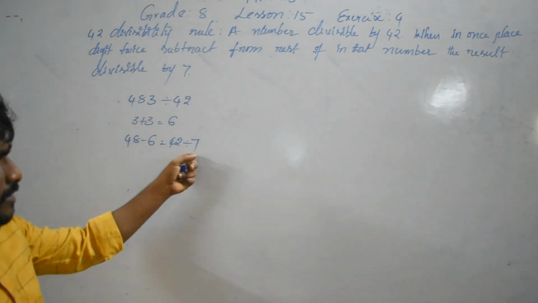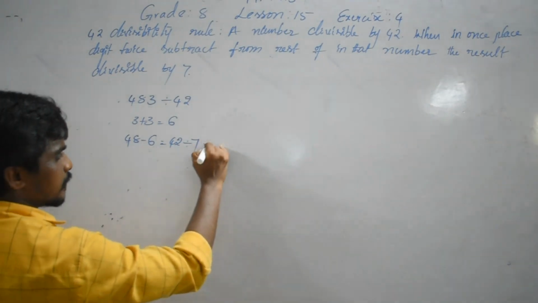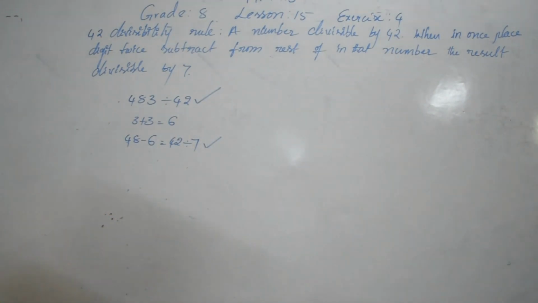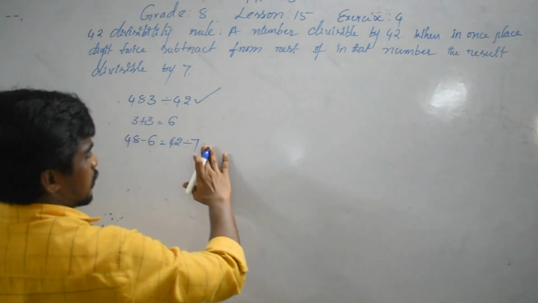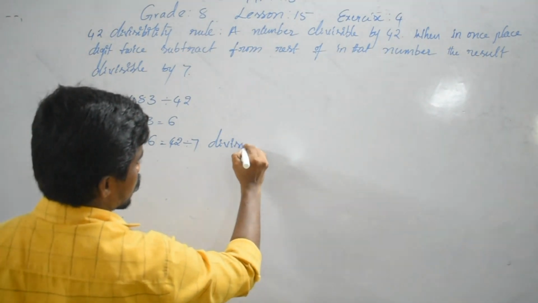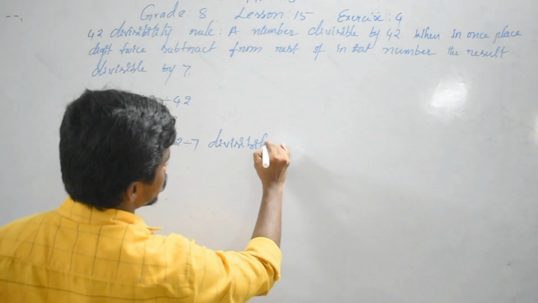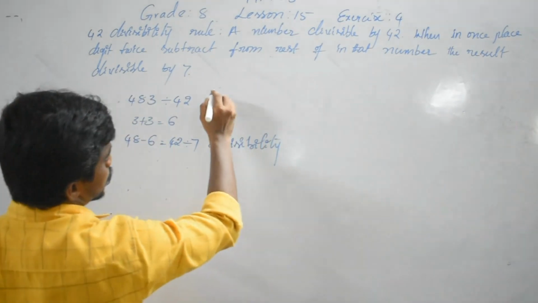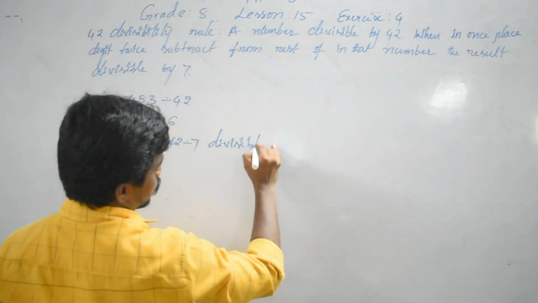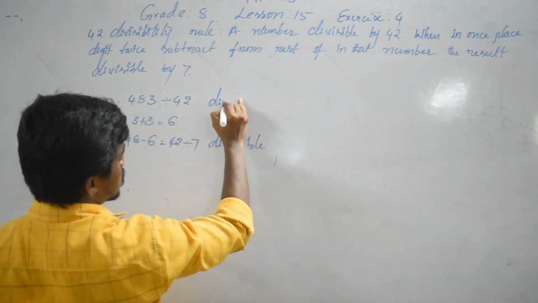Divisible. So this is also divisible. That is the 7 divisibility, 42 divisibility rule.